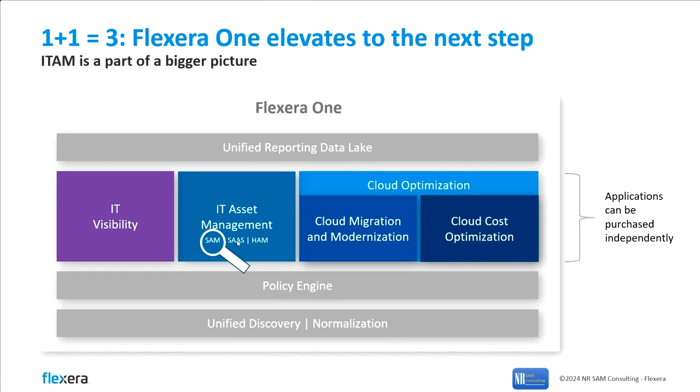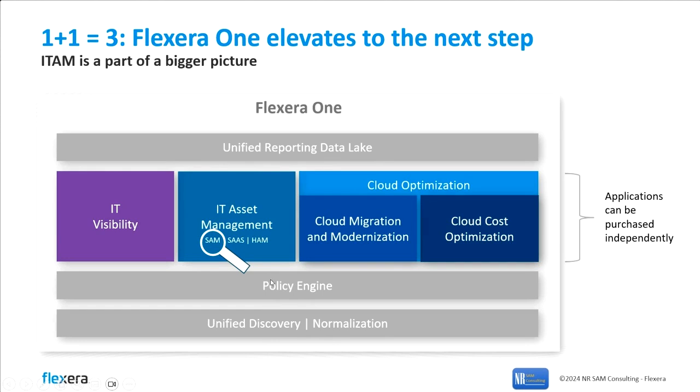If we take a step back, that's where you get the possibility for using more. If you move to Flexera One ITAM, you get this part. You get also the policy engine. I will come back to that in the next slide. A policy engine that allows to create any automation based on web services call.